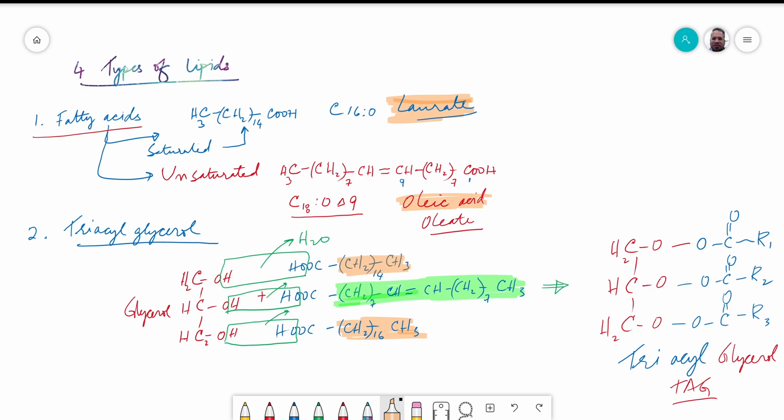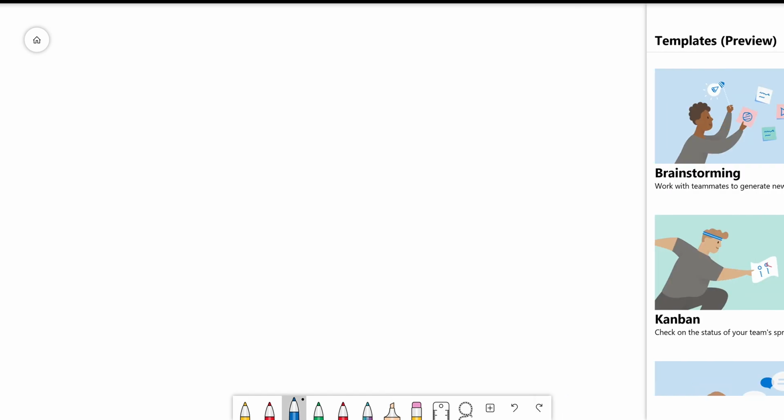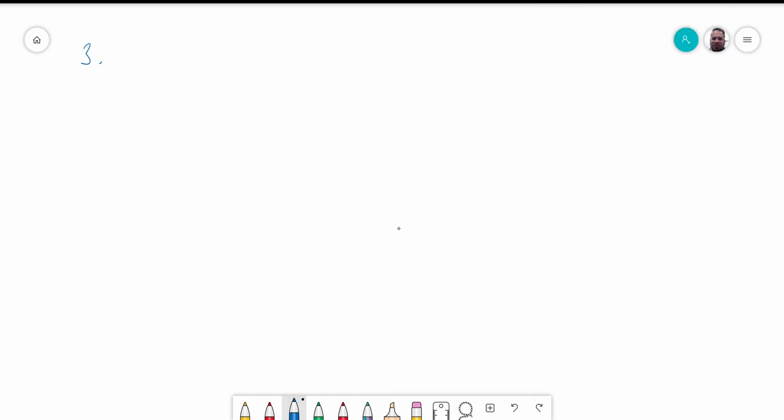Okay, so these are the two classes of lipids. The third one that we'll talk about I'll call phospholipids, the third class, or they're also called glycerophospholipids.